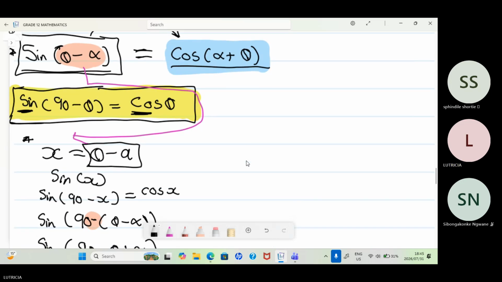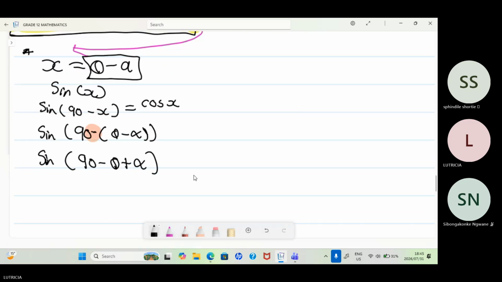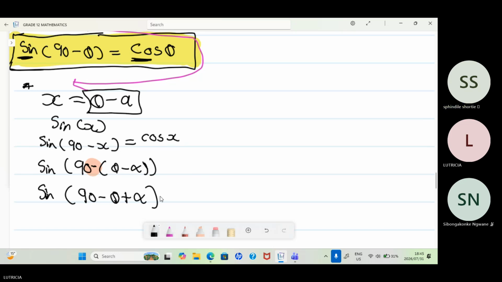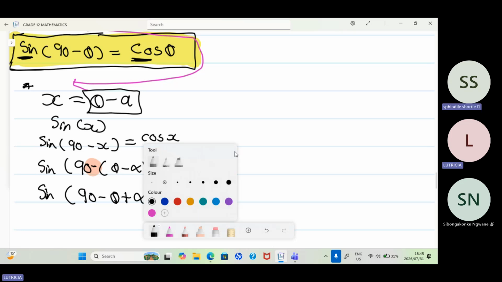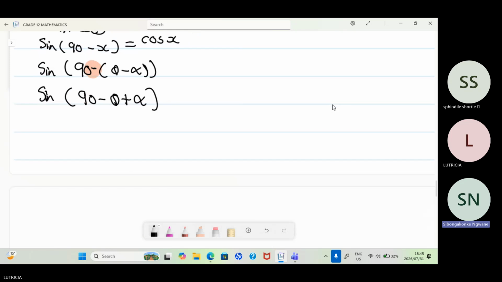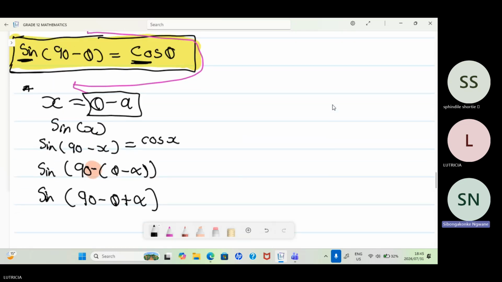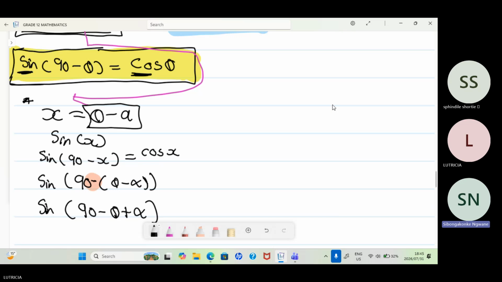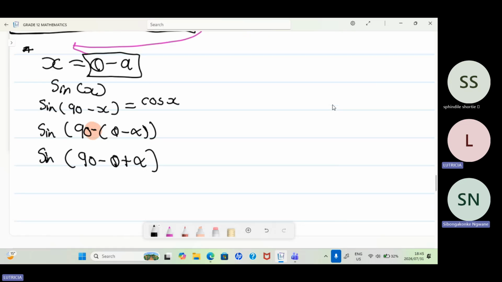Even so, you can just let theta minus alpha equal x, then do 90 minus x, then change it to cos x, like the reduction.